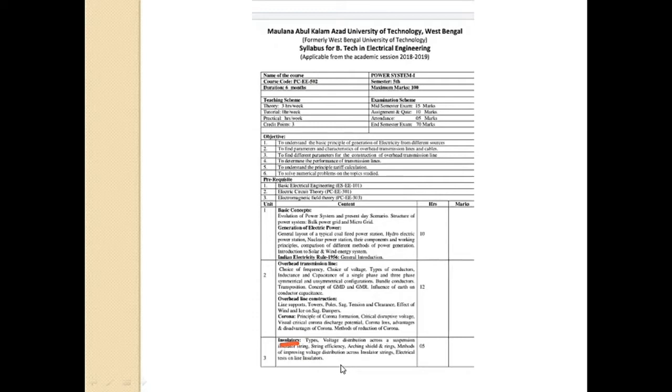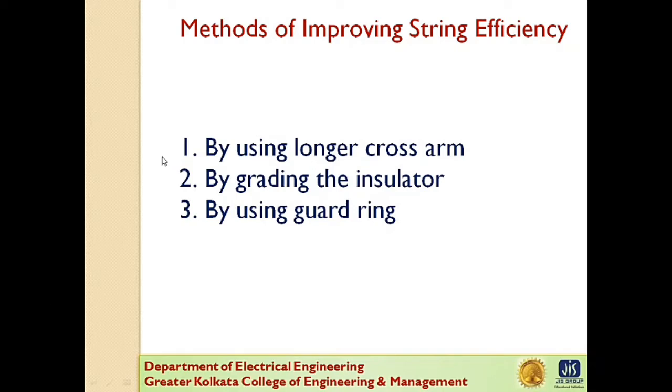So let's start. In the previous video I have already discussed that the potential distribution in a string of suspension insulators is not uniform. The maximum voltage appears across the disc which is nearest to the line conductor and decreases progressively as the crossarm is approached.